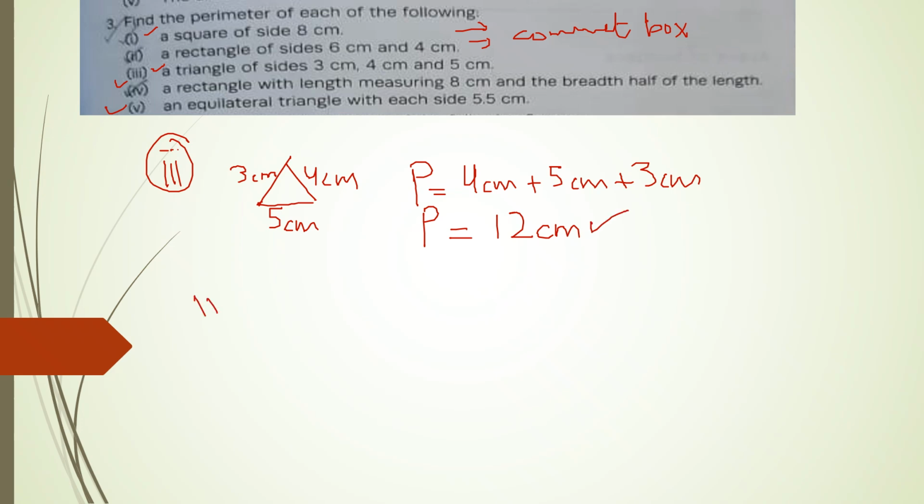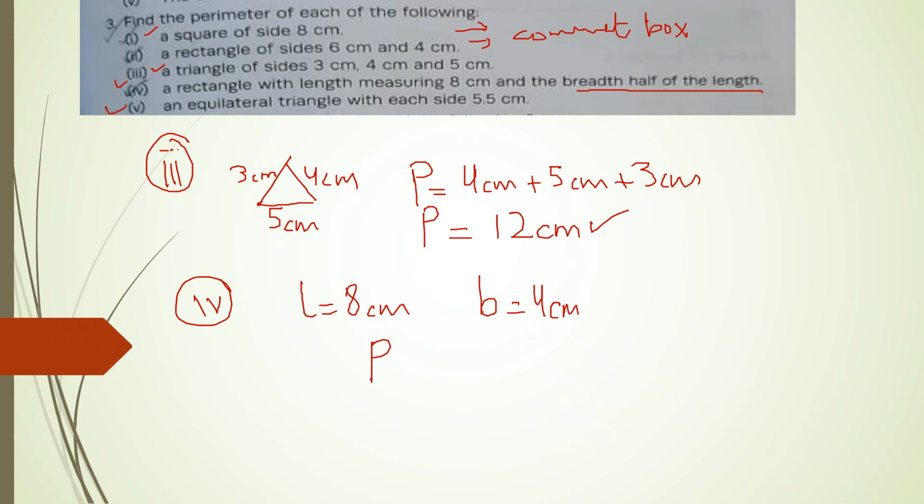Now when you come to question number 4, it is saying you have to find the perimeter of a rectangle whose length is 8 centimeter and the breadth is half of the length. What will be half of the length? Half of this length will be 8 divided by 2, that is 4, right? So the breadth is 4 centimeter.